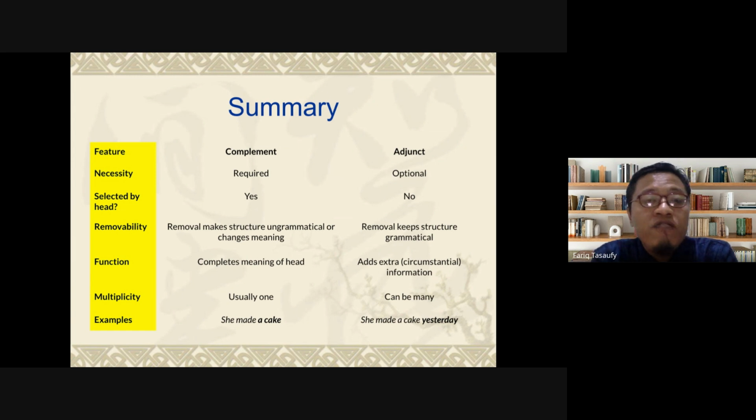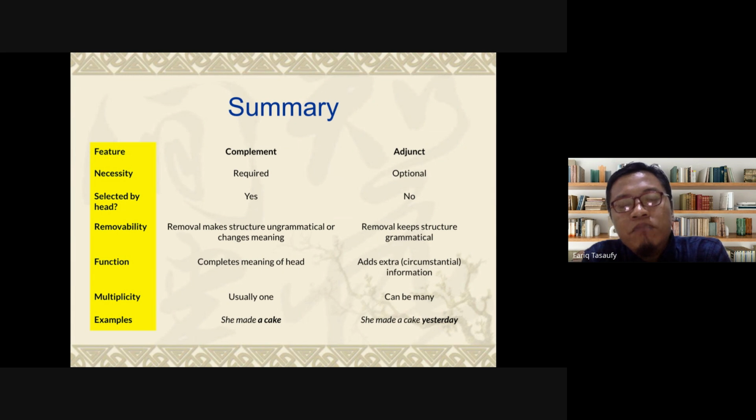You know what I mean? The verb two and the verb three, the event has already happened. So you don't need to add an additional unit that will explain the time.